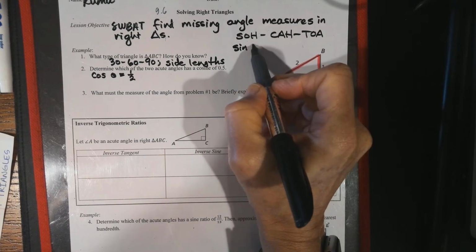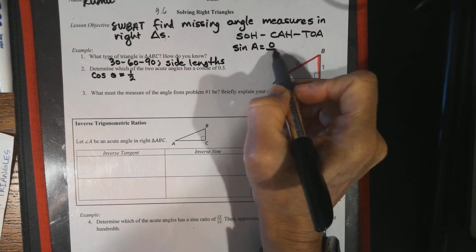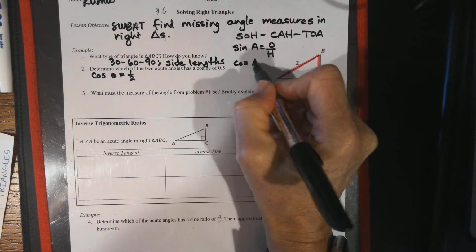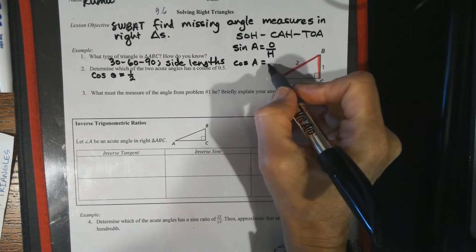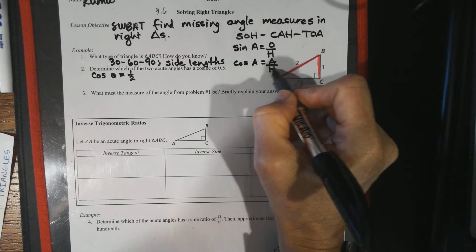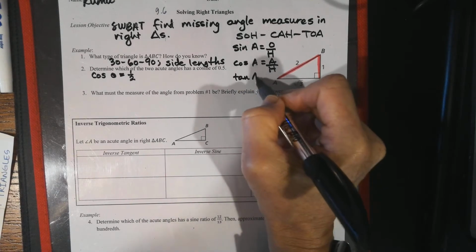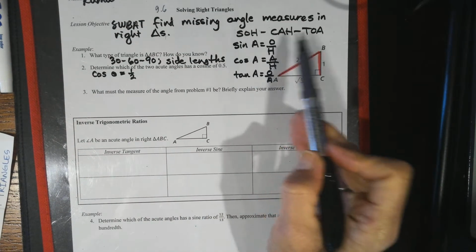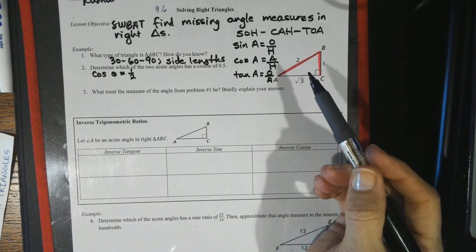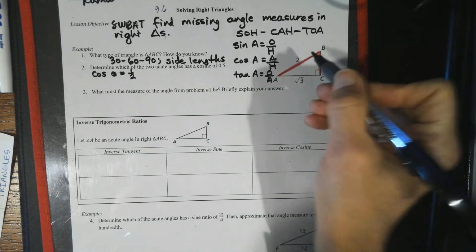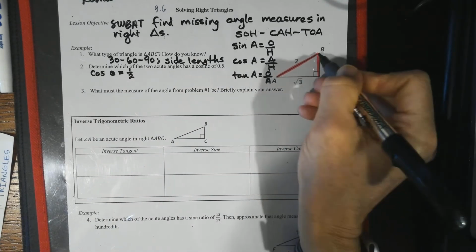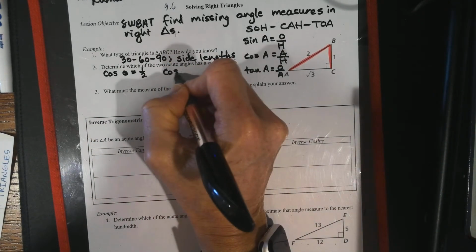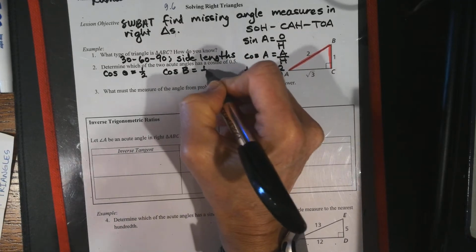The sine of this angle is the opposite over the hypotenuse. The cosine is the adjacent over the hypotenuse, and the tangent of an angle is the opposite over the adjacent. So if I want the adjacent over the hypotenuse, that's angle B. So the cosine of B is equal to 1/2.